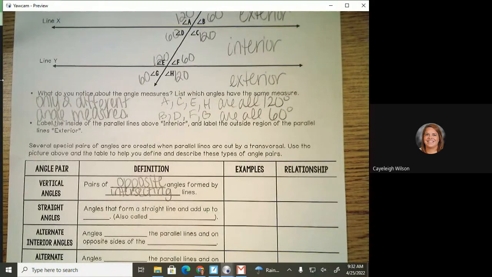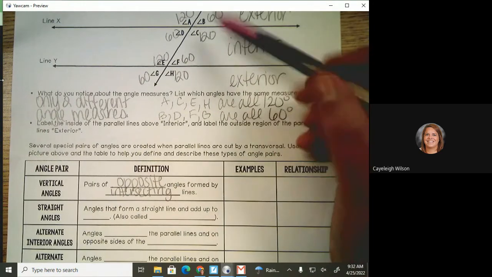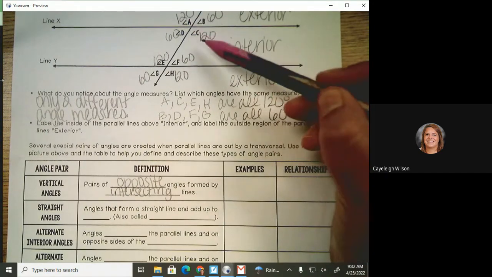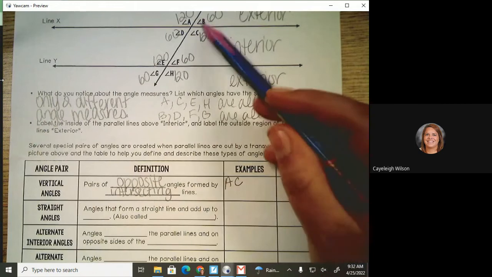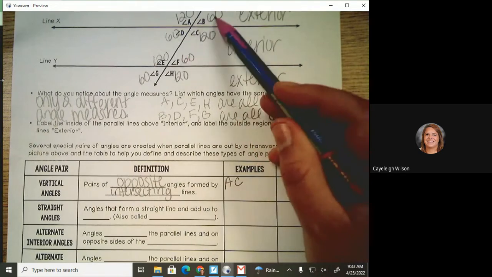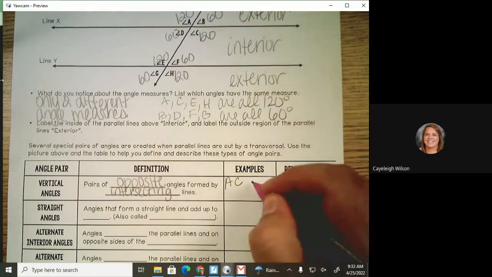The word vertical means that they are across from each other. So angles A and C are vertical angles because they're across from each other. B and D are angles that are vertical because they're across from each other.